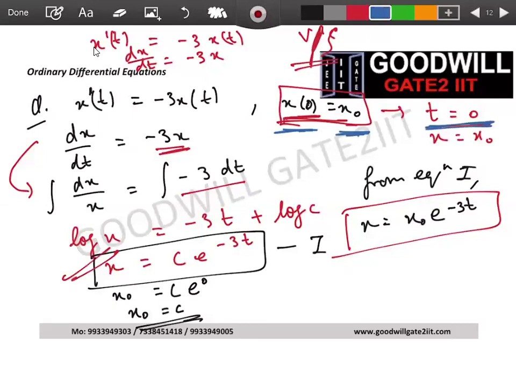So when t is 0, we replaced it in equation 1, e will become e power 0 into c, and hence x naught will be c. Simply replacing the value of c in your equation 1, you will get x equal to x naught e to the power minus 3t.